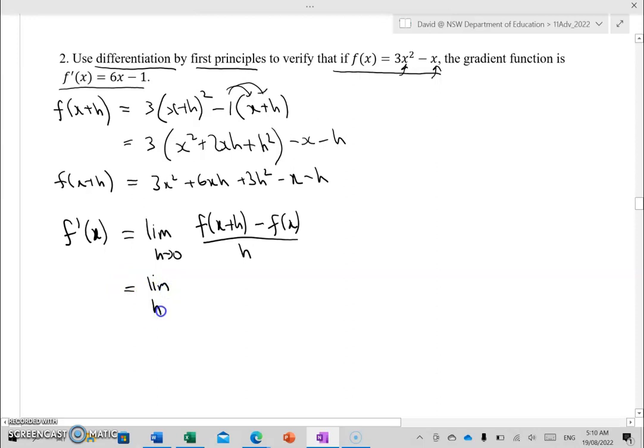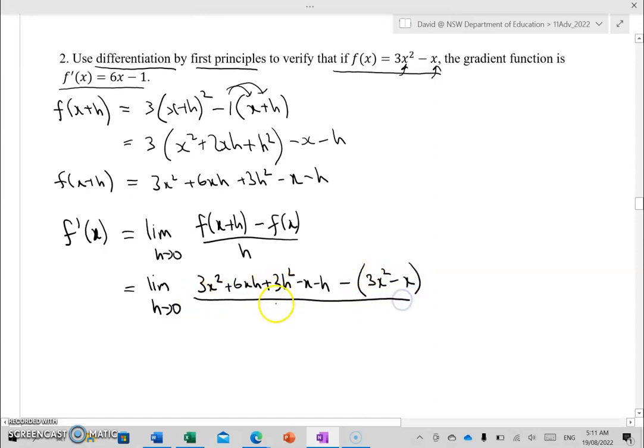So limit as h goes to 0 of, so the f of x plus h we've already got from the previous line, so we're just copying in. Okay, now I've got a minus all of f of x. So minus, and remember, you're minusing all of f of x, so you put f of x inside brackets. Really important that you put the f of x inside the brackets, over h.